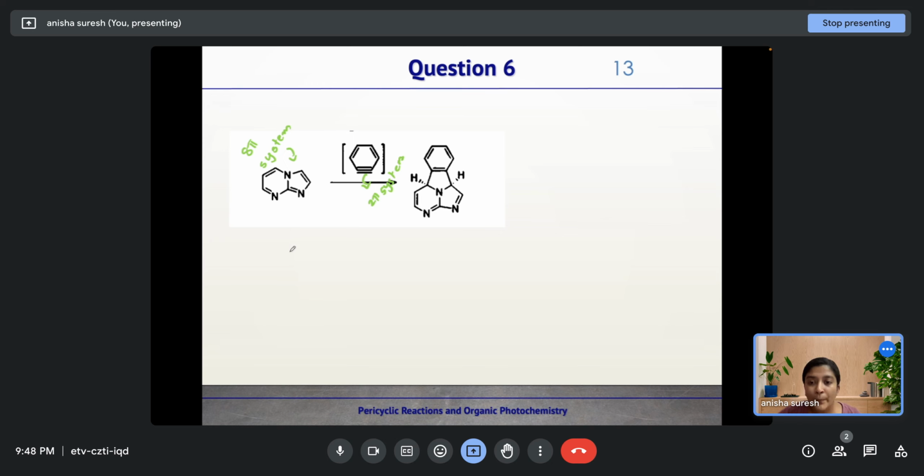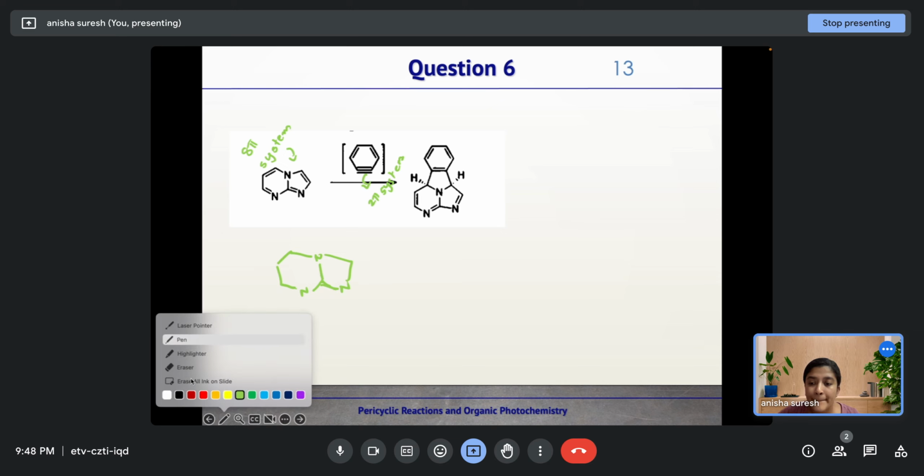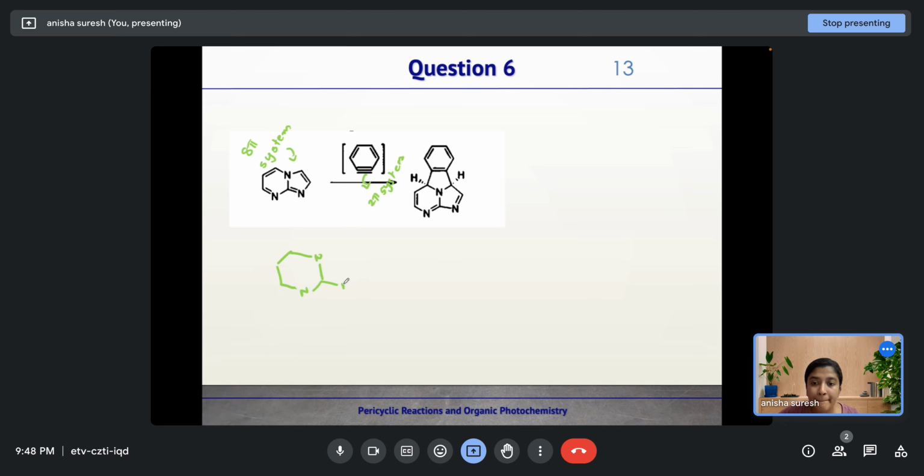Okay, so we are having this system and it is reacting with this benzene.